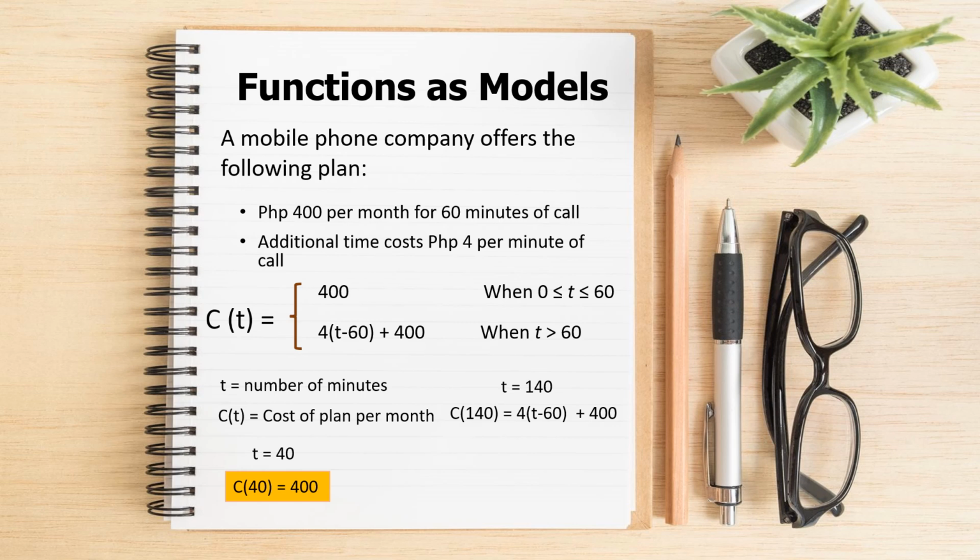Since T is 140, that is 4 times (140 minus 60) plus 400. Simplifying that, we come up with C of 140 equals 720. As you can see, it is a different output from 400 because we have a different input, which is 140.